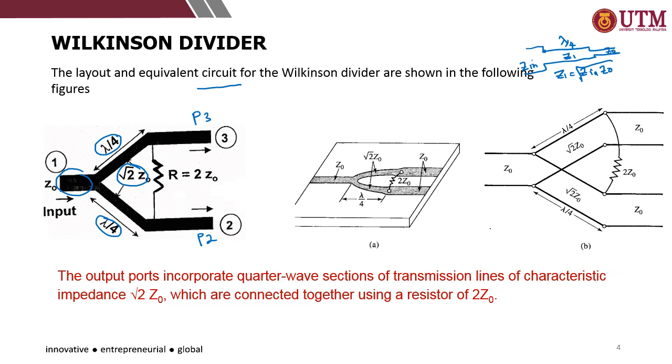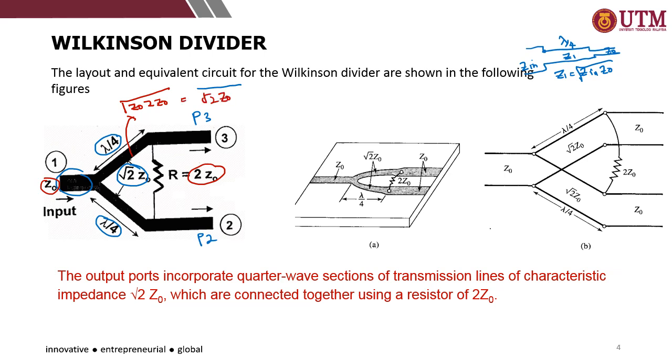In this case, the characteristic impedance for the first transmission line is equal to the square root of Z0, as the input characteristic impedance, multiplied by 2Z0, the load impedance. So square root of 2Z0 squared, this is equal to √2 Z0.